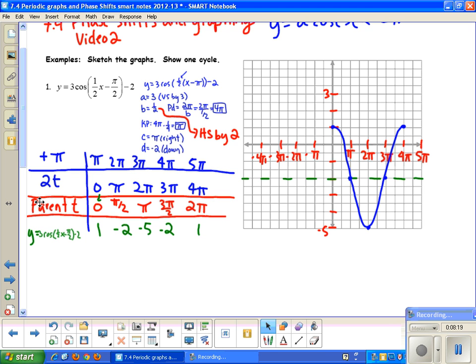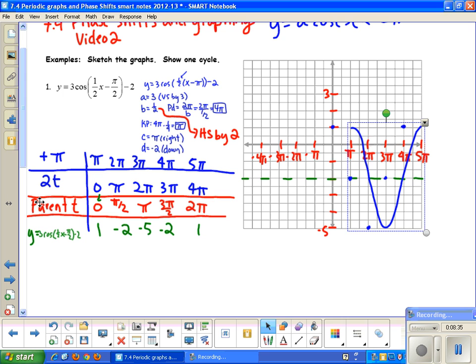So if I move all my points to the right pi, I'm going to take this graph that I have right here and it gets moved to right here. And that would be my graph shifted. So this right here would be my new equation for my graph. And again, all I did was graph it and then shift it to the right pi over 2.